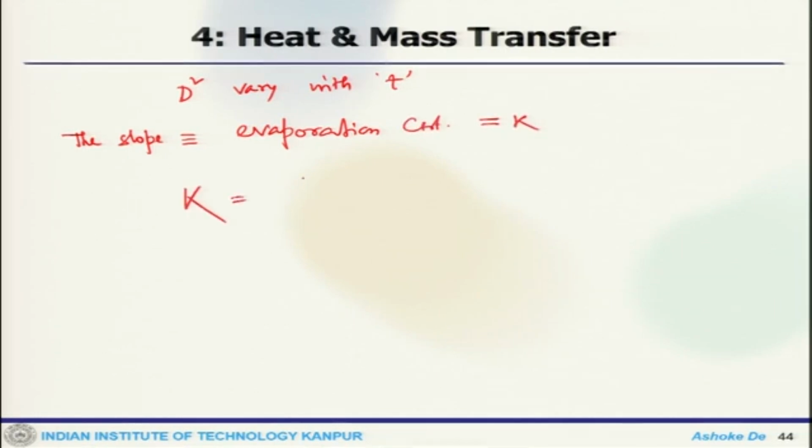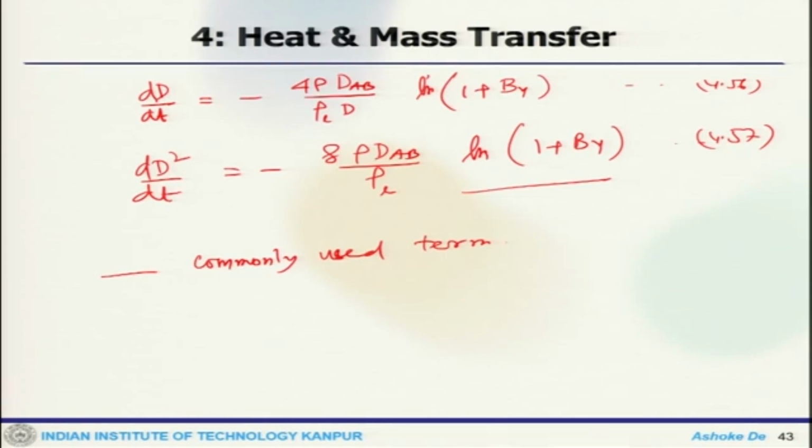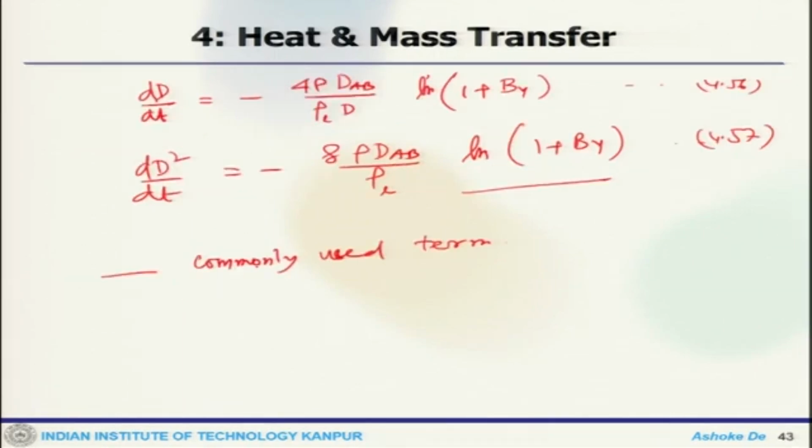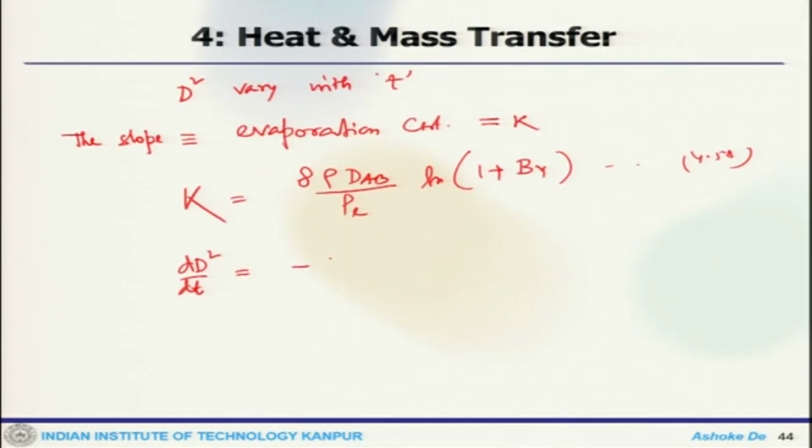Then k is 8 rho d A B by rho L ln of 1 plus B y. Now, once you have this, one can find the droplet evaporation time. If you look at the previous expression, that boils down to d d squared by d t equals minus k.